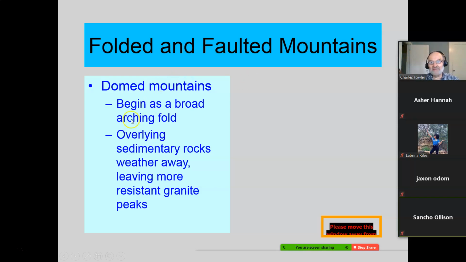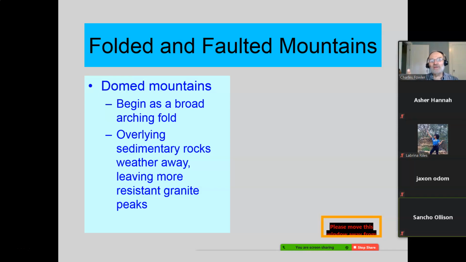Folded mountains mostly happen somewhere really deep. Folds happen where the rock is pretty hot and it bends but doesn't break. That's a folded mountain. The overlying sedimentary rocks weather away, leaving more resistant granite peaks.